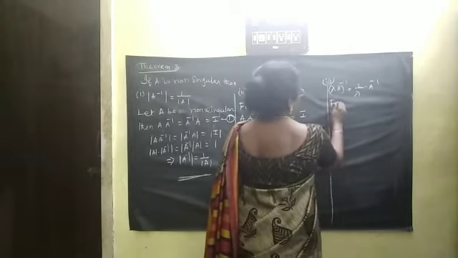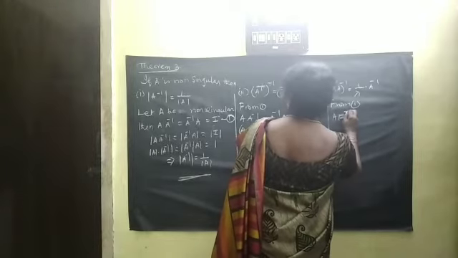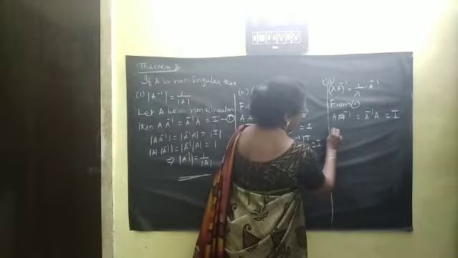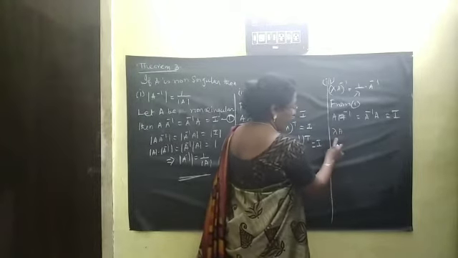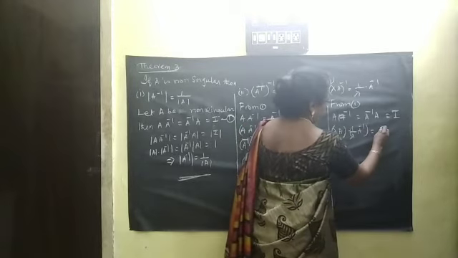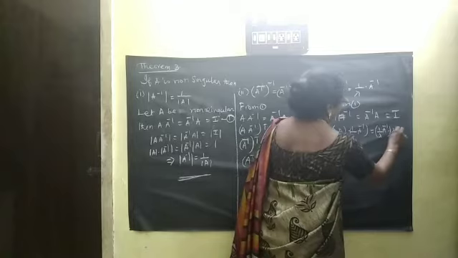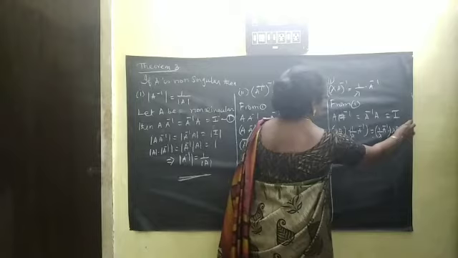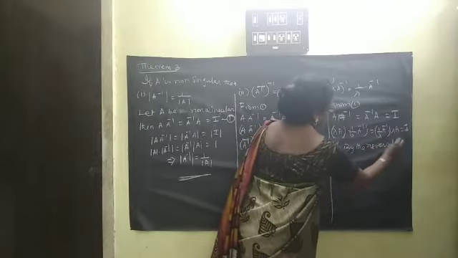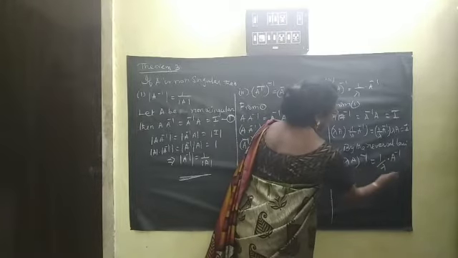So here from 1 we get A inverse A is equal to I. Now multiplying and dividing by the constant lambda, lambda A into 1 by lambda A inverse is equal to 1 by lambda A inverse into lambda A is equal to I. Therefore, by the reversal law, lambda A the whole inverse is equal to 1 by lambda into A inverse.